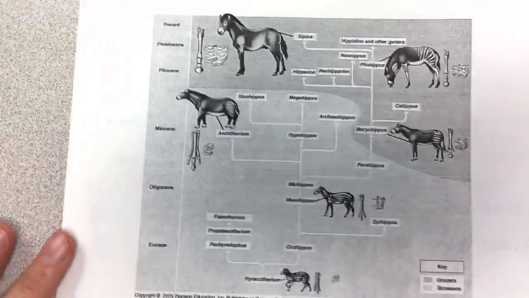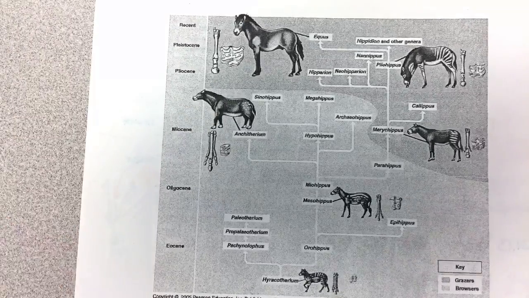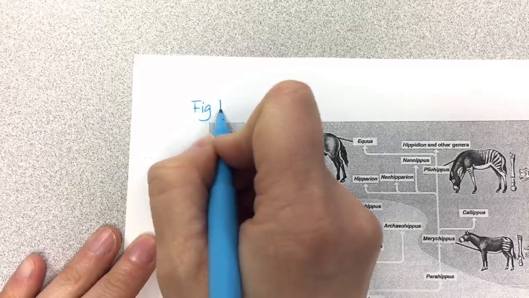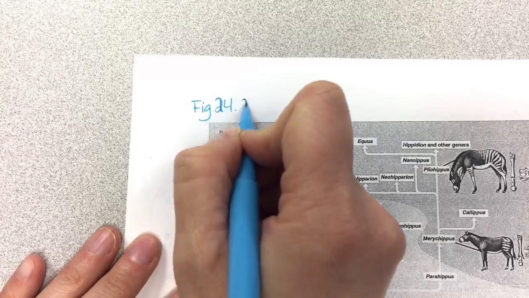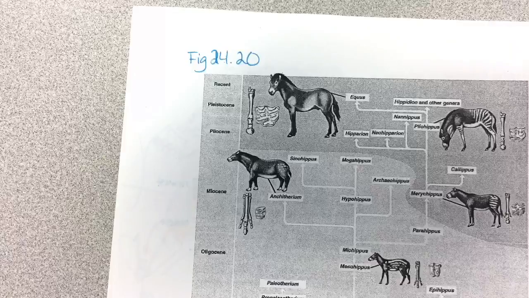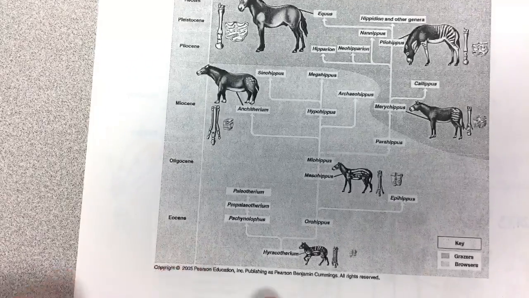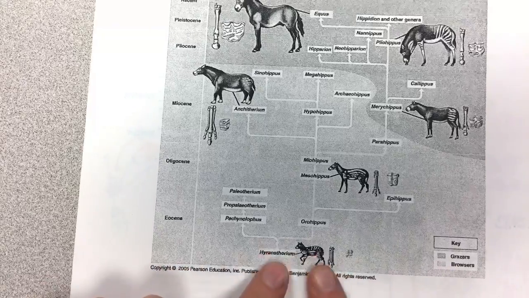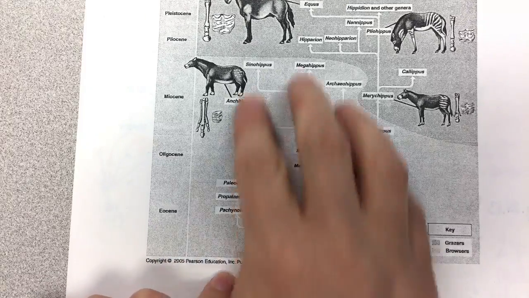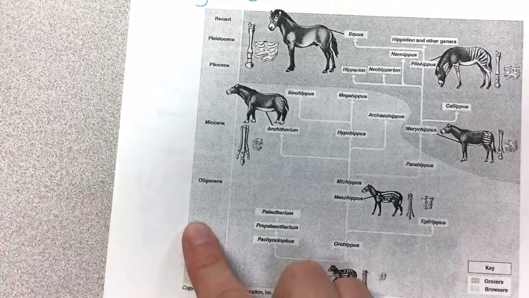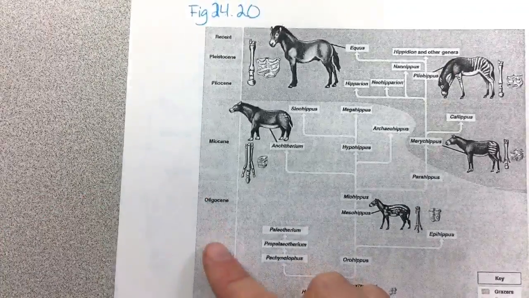If we look at this last picture here, figure 24.20 in our book, it shows the history and evolution of the horse. Time is this way, with this most recent, and these are periods in history.